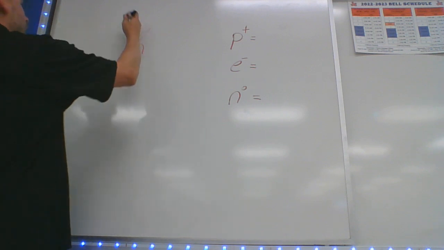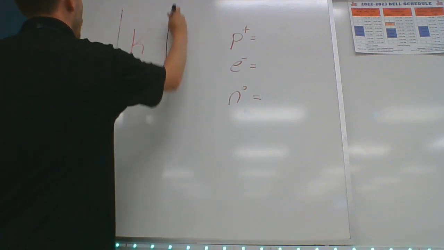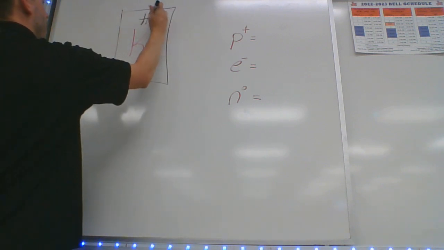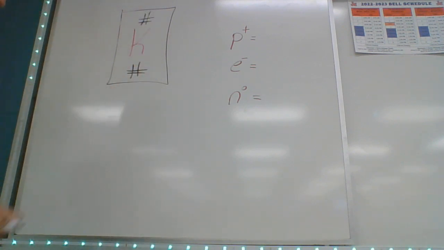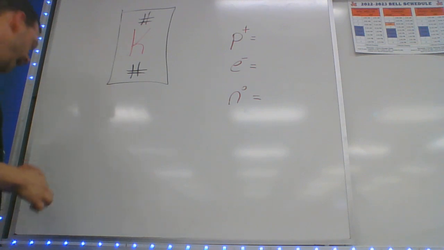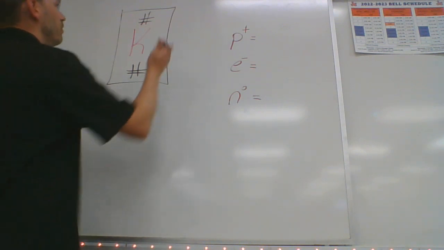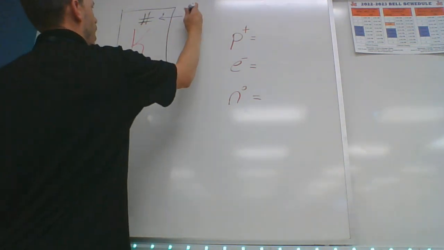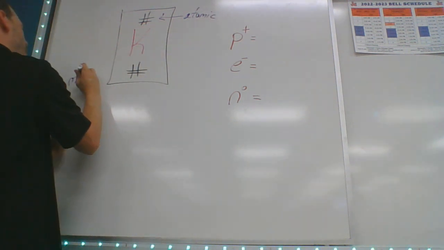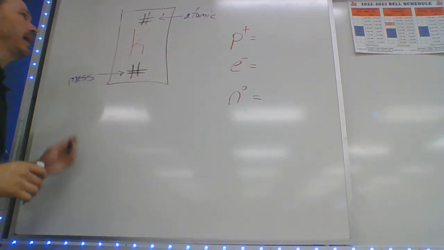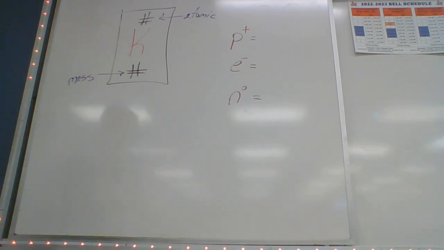Now, inside a square on the periodic table, there are two numbers. Do you agree? It's important for you to know that the atomic number is the one up there, and the one down here is the mass number.